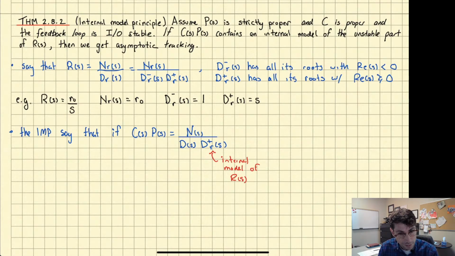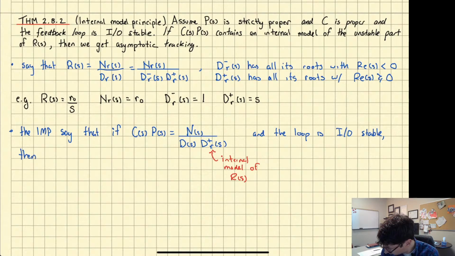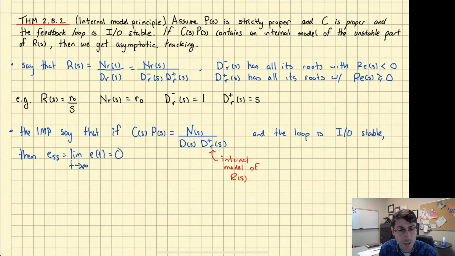If your controller and the plant look like that, and you have I/O stability, then you get perfect tracking. In other words, the steady state tracking error is equal to 0 for that reference.